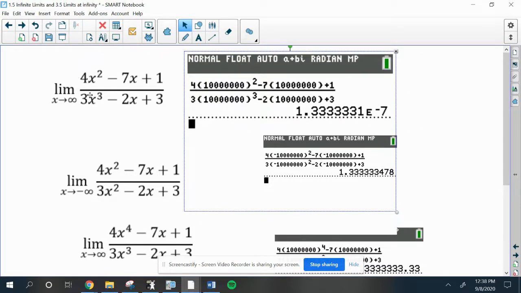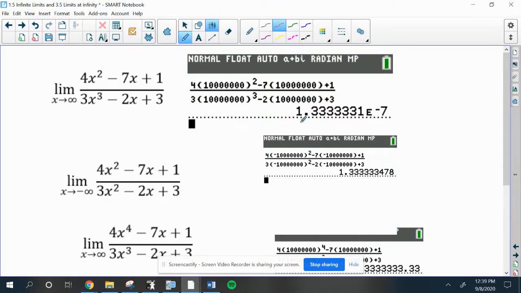And when I plug that number into this function, notice what the answer comes out to be on the calculator: 1.33 times 10 to the negative 7, which would mean 0.000000001. So we're going to say that is going to approach 0. And if I use more zeros on this, I have here a trillion maybe, this number will get closer and closer to 0.